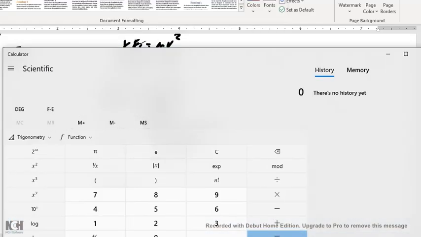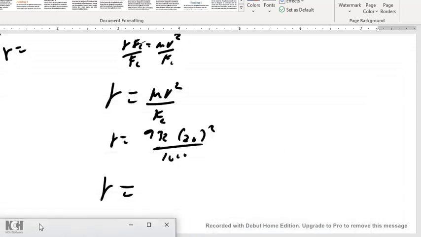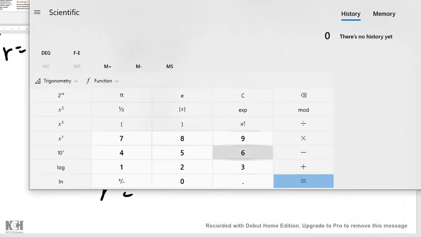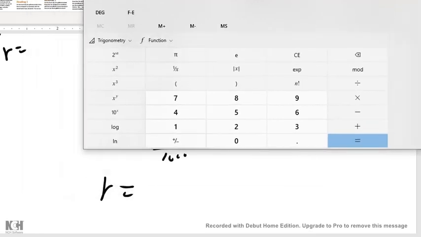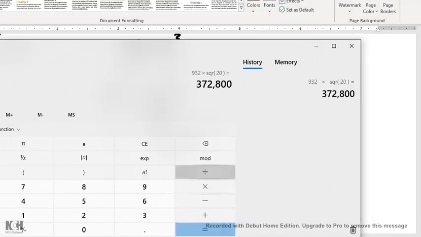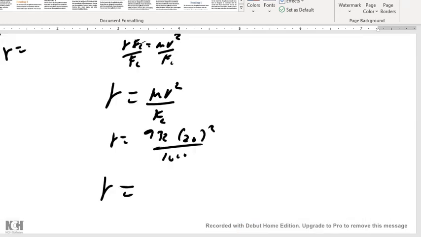What are my numbers? 932 times 20 squared equals, take that answer and divide by, what was the radius? 1,000. Divide by 1,000. I get 372.8. Sounds good. 372.8 what? Meters. Done.